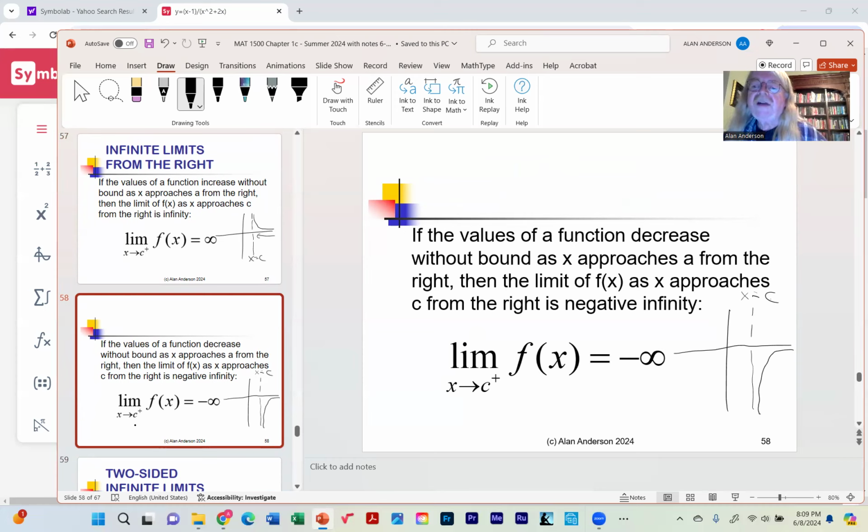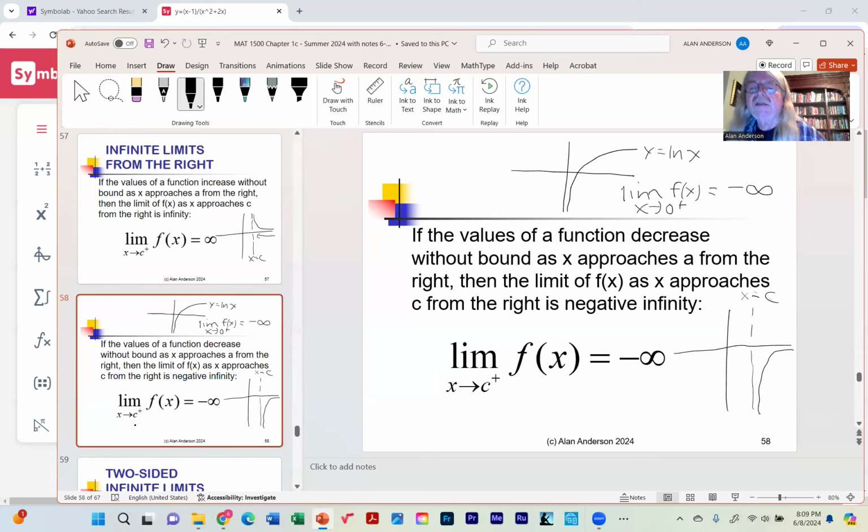In fact, you've seen this before with a log. In this case, the limit of this function as x approaches 0 from the right is negative infinity, because this vertical axis is an asymptote to this function.